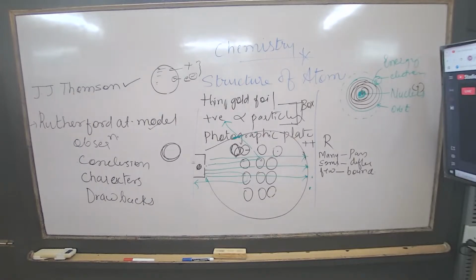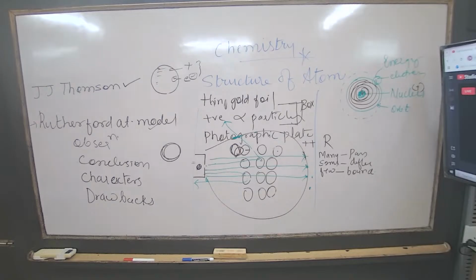So when energy is going down, what happens? The size of the orbit where the electron is moving will go on reducing, and finally that moving electron will fall on the nucleus. Because a time will come when its size is completely reduced, it will fall on the nucleus and the atom will collapse.